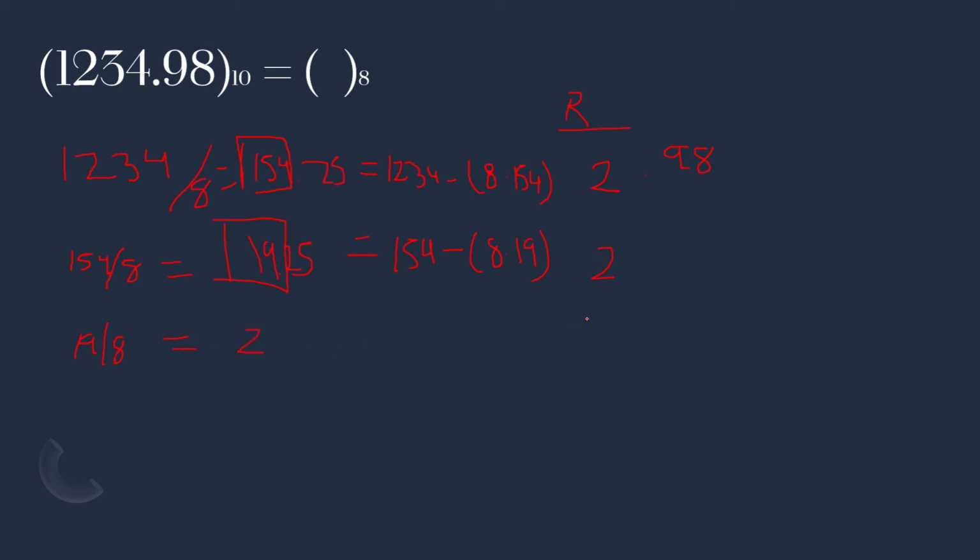It's 16, so there's the remainder of 3. So 2 divided by 8, the quotient is 0, and it's 2. Read up. So far we have 2322.